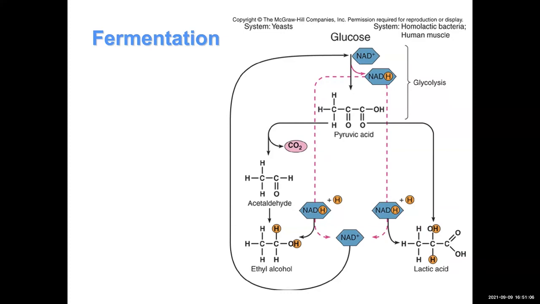This is why when you make alcohol, beer, wine, it's usually under anaerobic conditions in order for fermentation to occur. Or we can take our final molecule here, pyruvic acid, two molecules of it, and further process it to generate lactic acid.